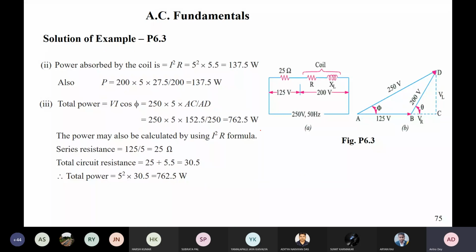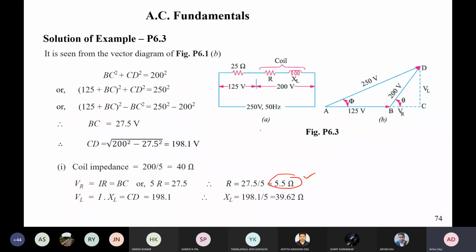So I think the same approach is done in the book, but in a different way. Let us also go through that. Here it is done in a different way. Let's see how it is done. For this particular thing, it is BC square plus CD square equal to 200 square. Yes, we have done this. Then what is CD? We can find that from here, because we know BC, which is equal to 125 plus this.